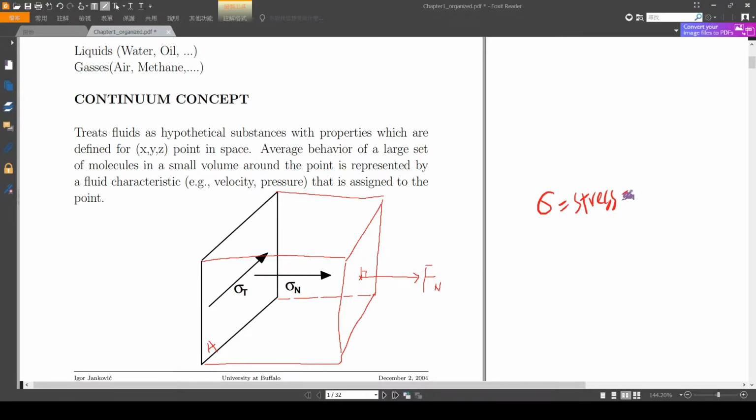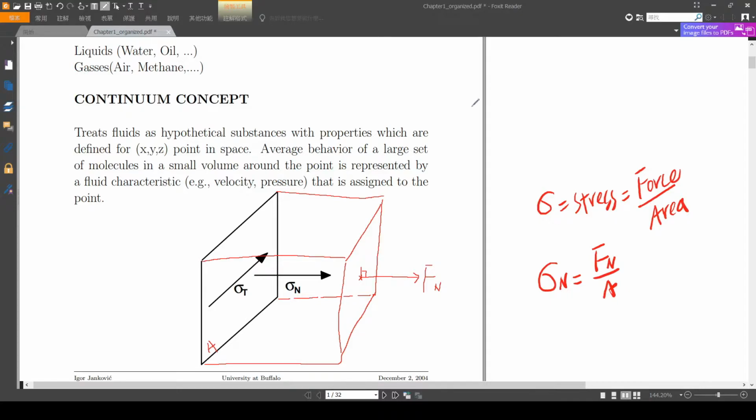The stress is defined as a force per unit area. So it is very intuitive that you can imagine sigma n here is the normal stress, which means that it will equal the force in the normal direction divided by the area, per unit area.